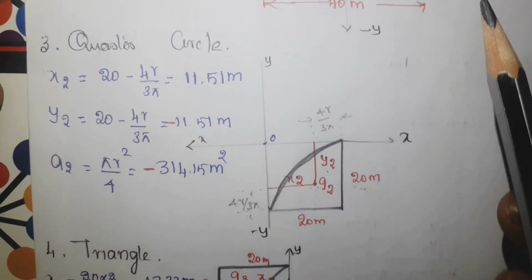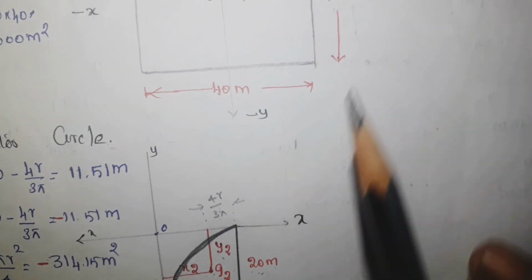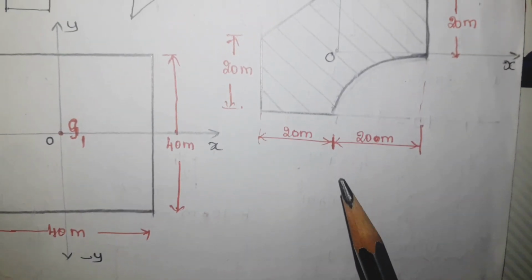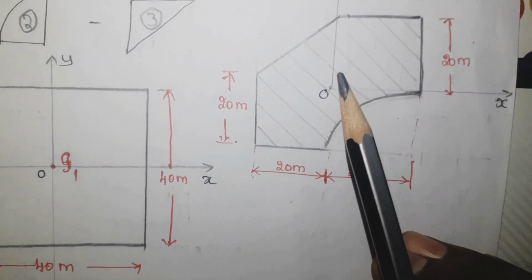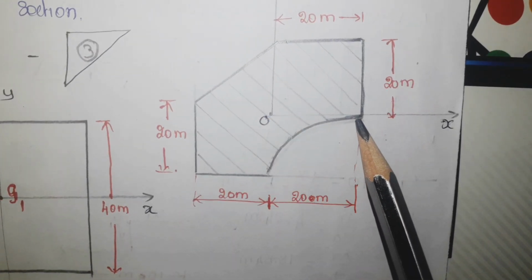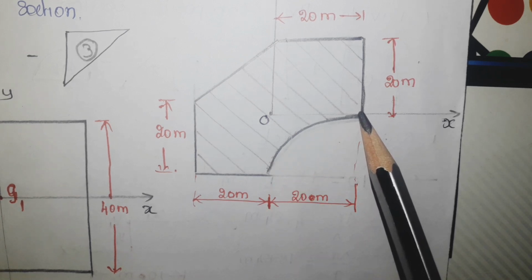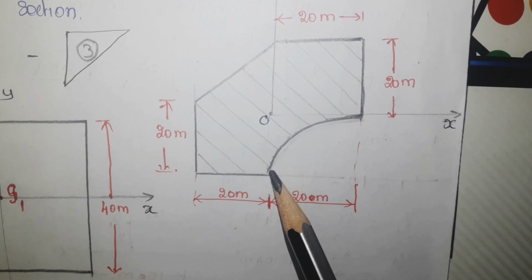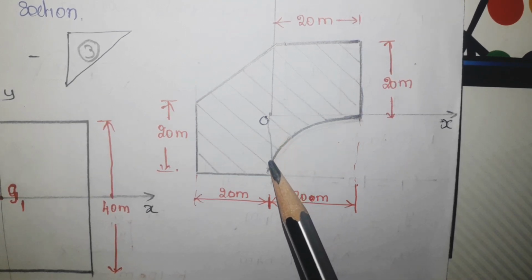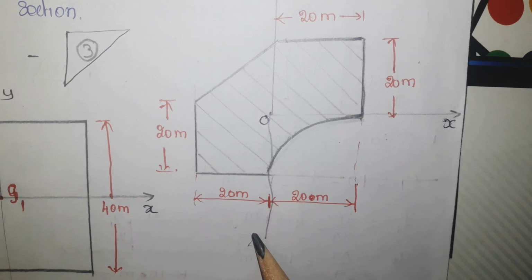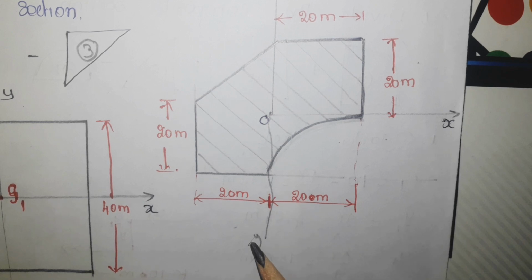Then the second one is a quarter circle. Again we have to go back to the composite section. This is the quarter circle. Let me take this one. Here, if you take this as the curvature end, one end of the curvature is touching the x axis and the other end is touching the y axis, but on minus y.